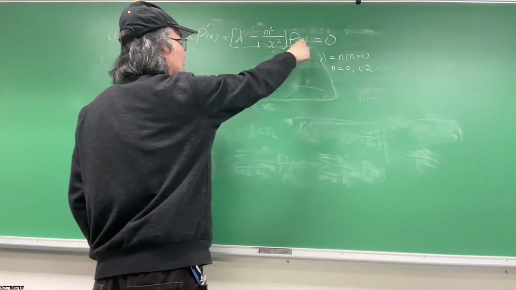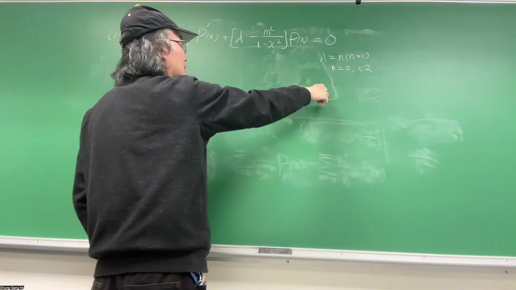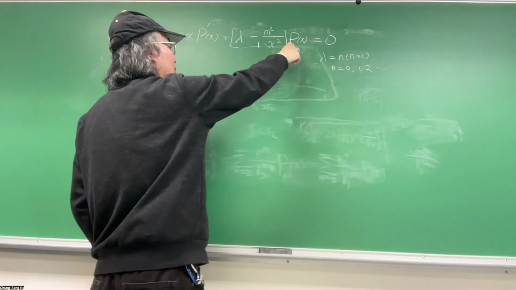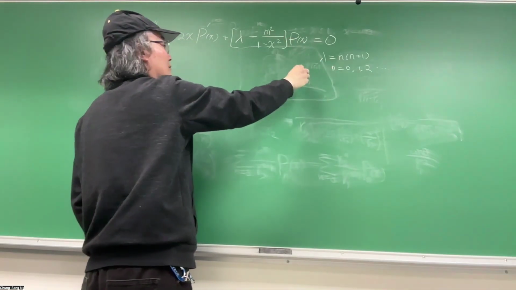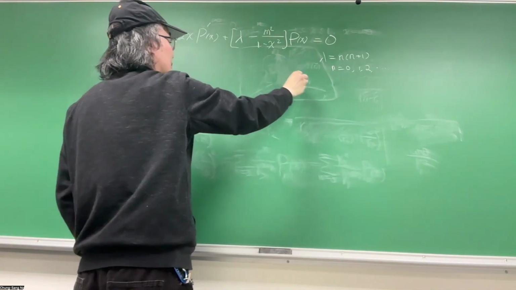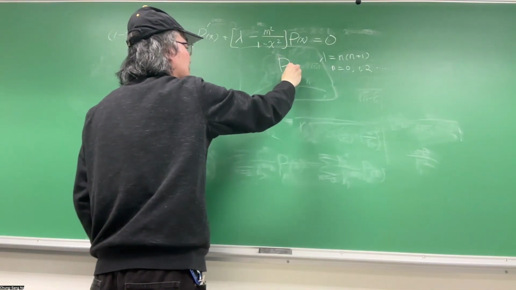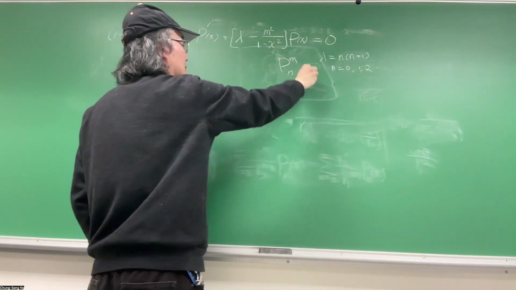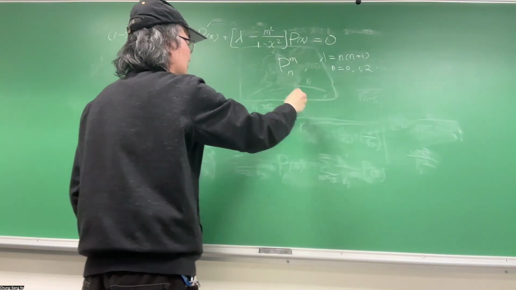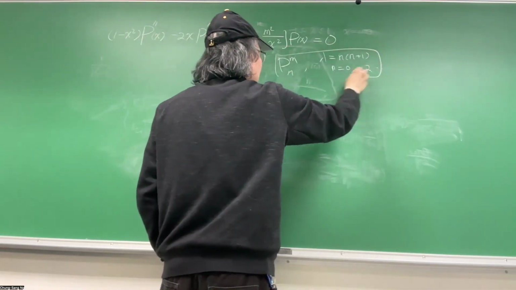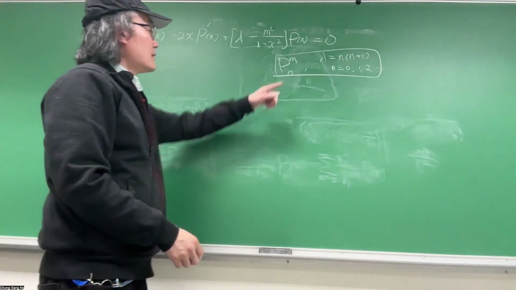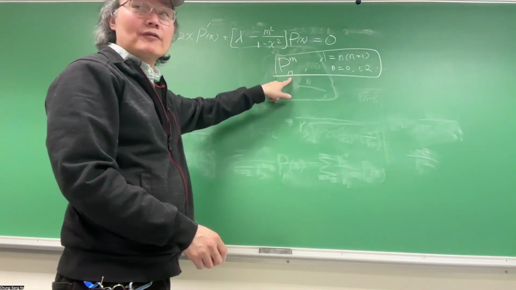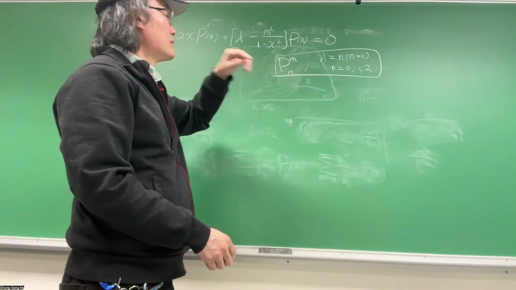So this P actually has two labels. You need to label it with this N and then this M. Later on, this P will be P N M. Then we'll figure out there's a restriction of M with respect to N also.